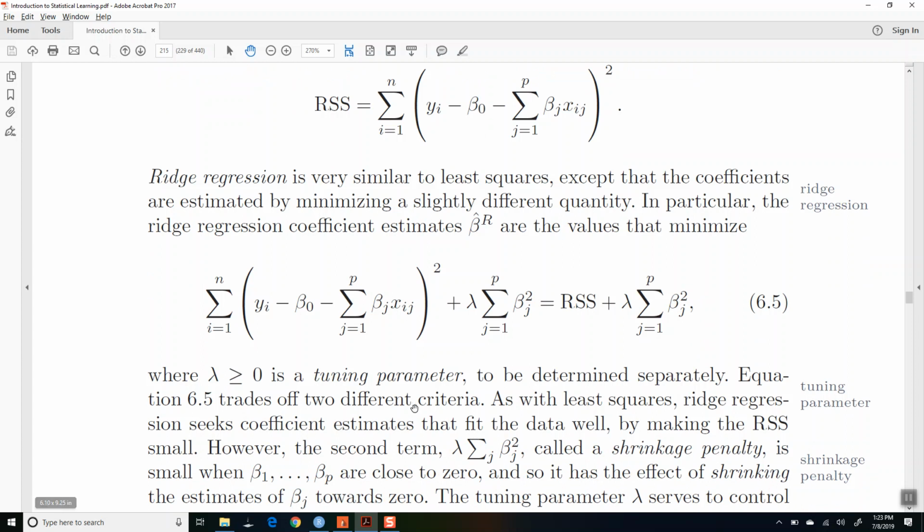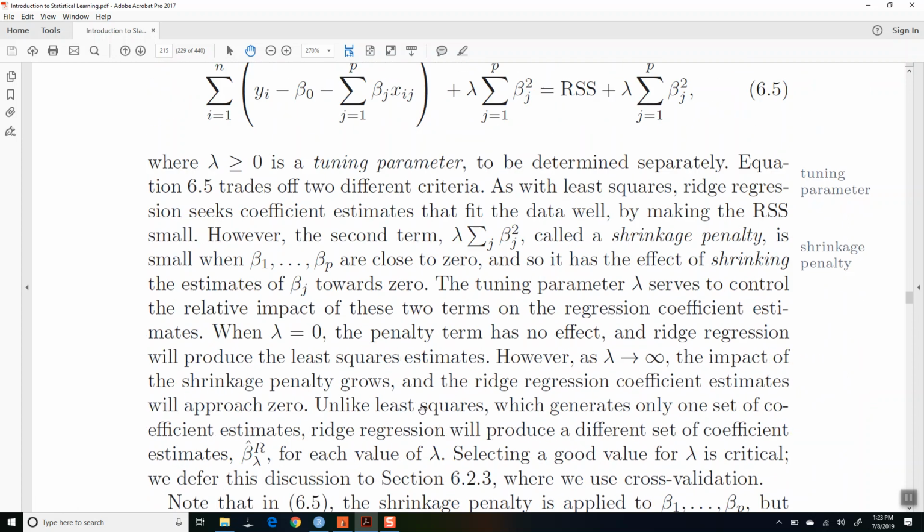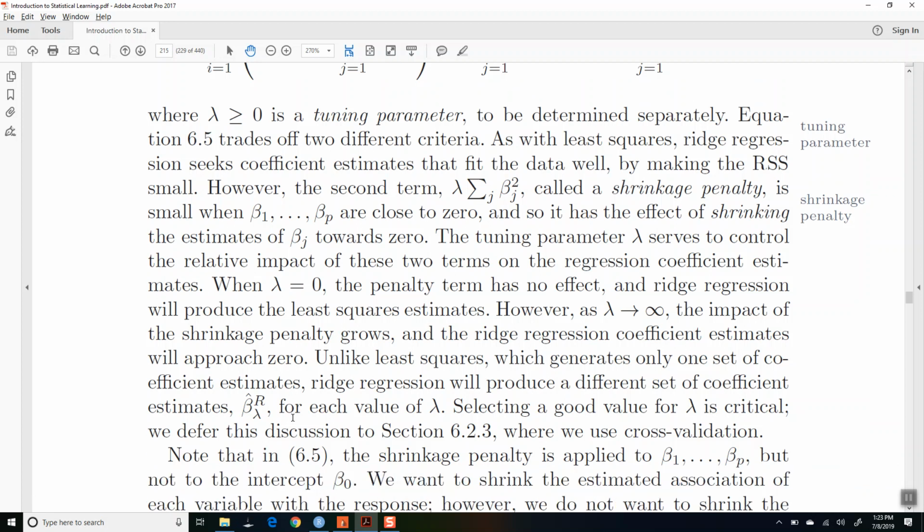And the lambda is the tuning parameter which says how much penalty we should apply, okay? And so when lambda is 0, the penalty term has no effect, and ridge regression is exactly the same as least squares regression, okay? And then as lambda goes to infinity, the penalty grows and the ridge regression coefficients approach 0, okay?